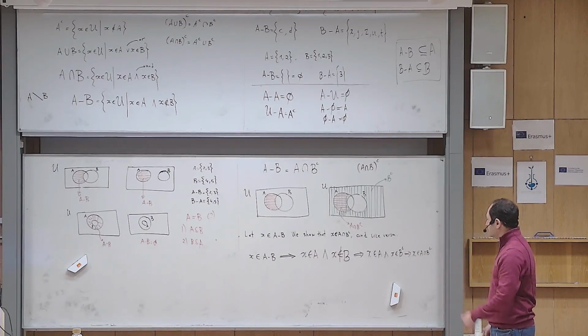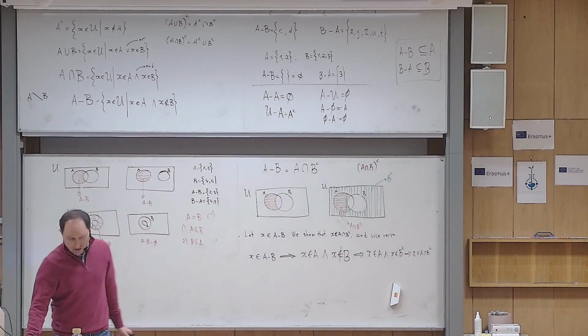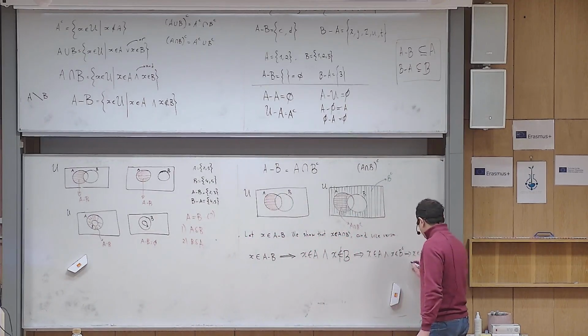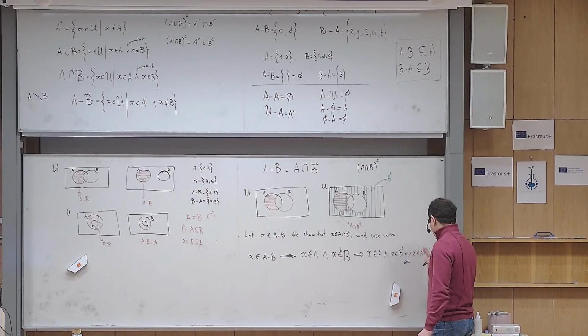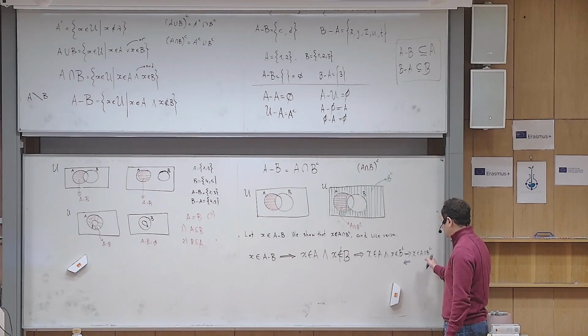The other side is also clear, but I'm so lazy to write it again, so let us just see that I can reverse the arrows. So, do you think I can go back in that direction here? If I pick an X which is inside this one, can I conclude this? Yes, because of the definition of intersection. If X belongs to the intersection, it should be in both of them.